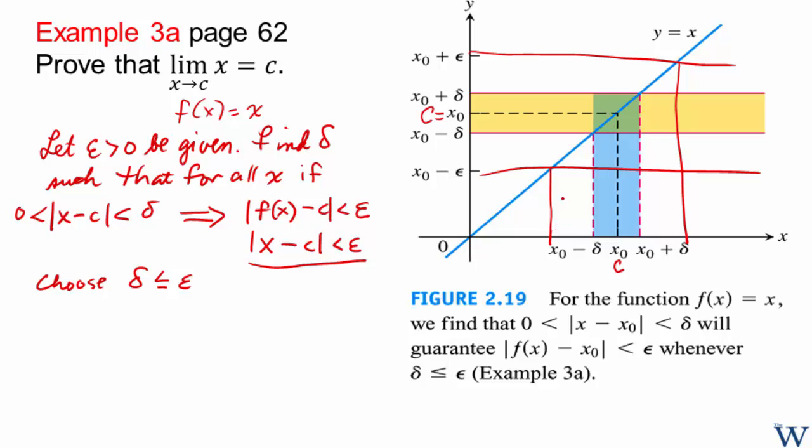So here is your x sub 0 minus epsilon, and that's x sub 0 plus epsilon. It will still work as long as your delta is less than or equal to epsilon, which proves that the limit of x as x approaches c is equal to c.